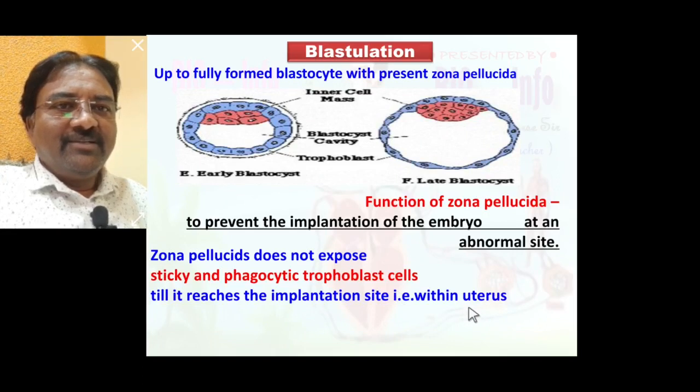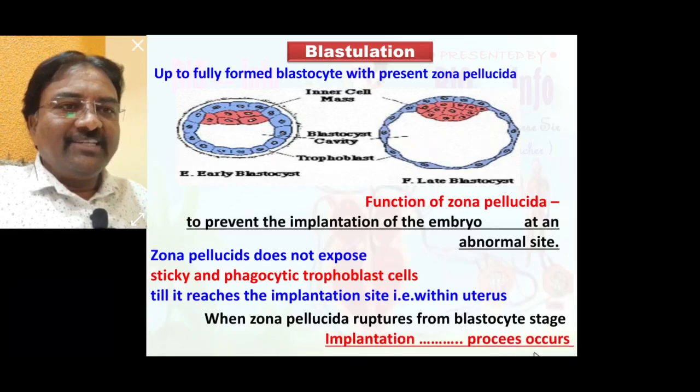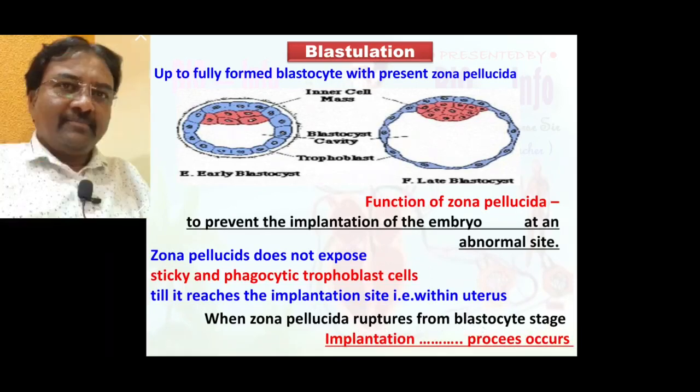So the zona pellucida prevents implantation of the embryo at an abnormal site. When the zona pellucida ruptures from the blastocyst stage, the implantation process occurs. Up to this point we have discussed blastulation in detail.